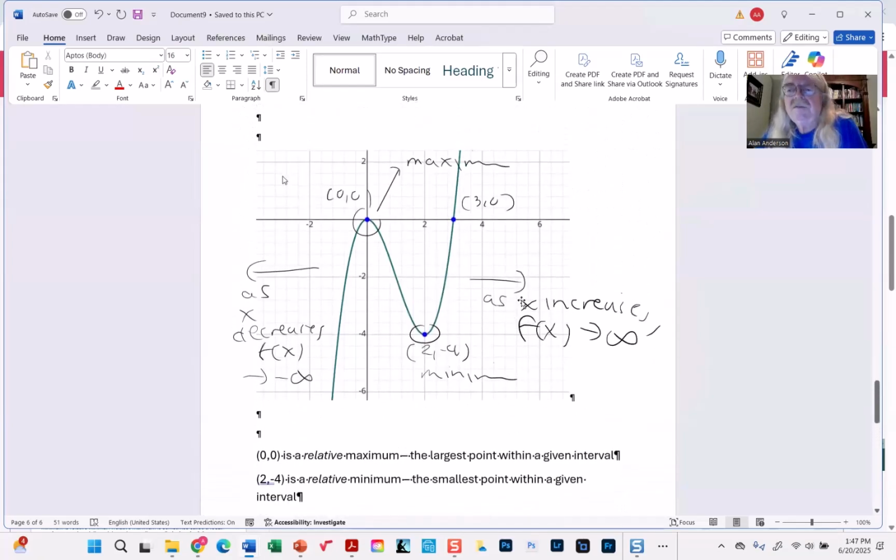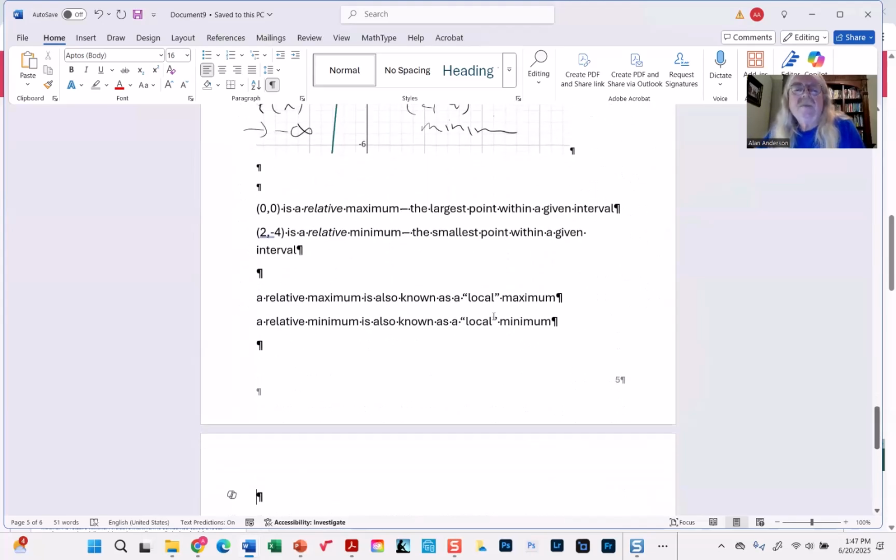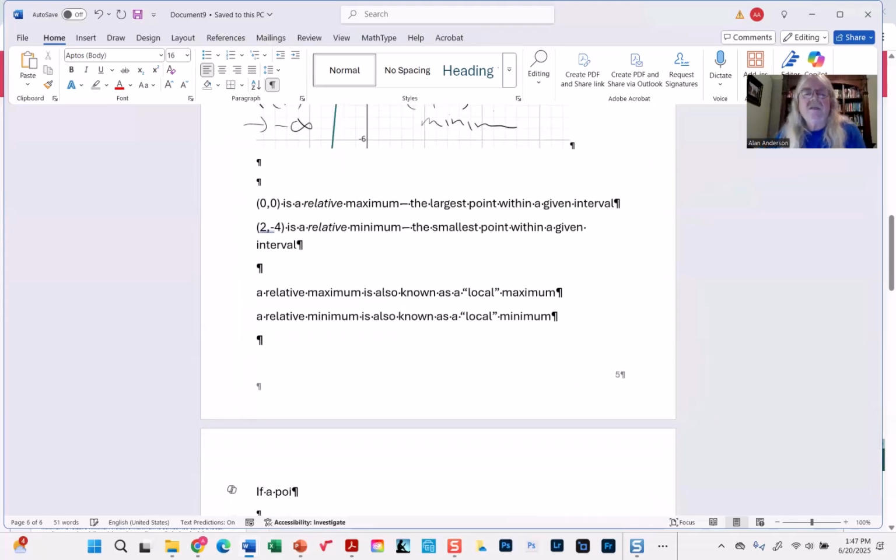Now, sometimes a function does have one point which is greater than every other point within the same function. So if a point is a maximum for the entire domain of the function, it is said to be, instead of a relative, a global or absolute maximum.